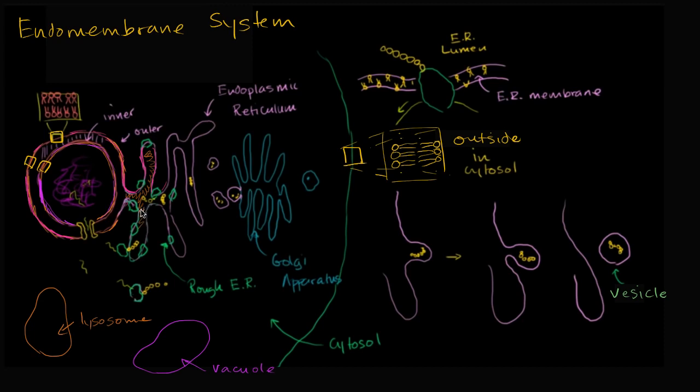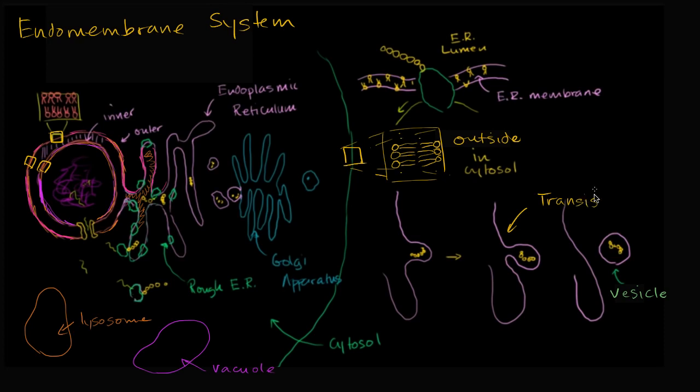Other molecules like lipids can get synthesized there. Then they can go to the smooth ER, and the place where they can exit from the smooth ER, as we saw in the video on the endoplasmic reticulum, is often called the transitional ER. So this area right over here, we would call the transitional endoplasmic reticulum.